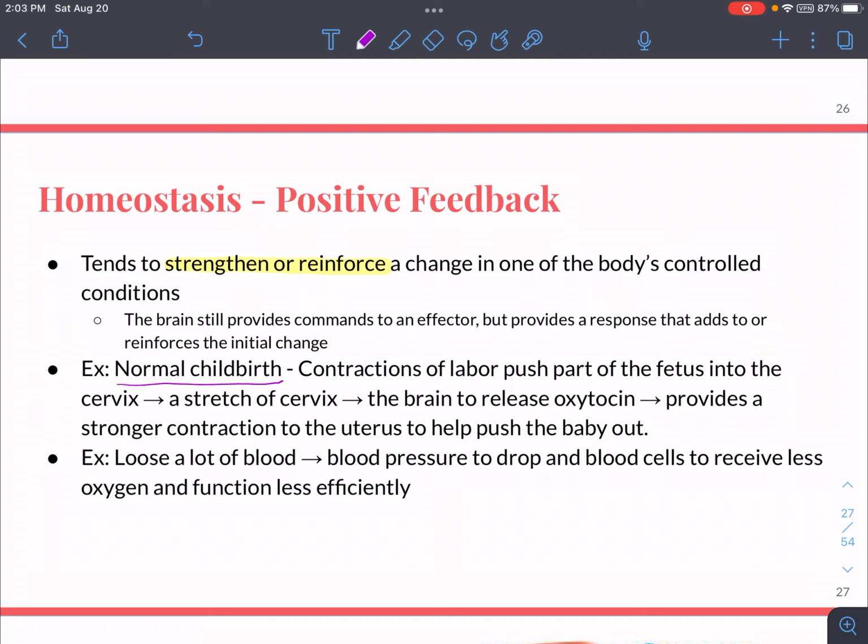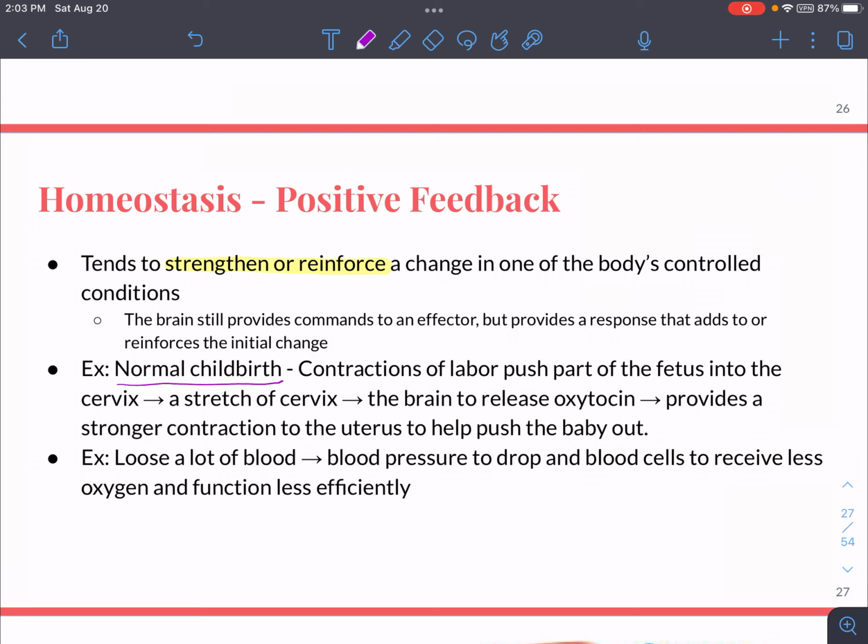Another example is you lose a lot of blood. Your body maintains about 5 liters of blood on average. That's just the average between men and women. Men usually have a little bit more. Women sometimes have a little bit less, but it's usually right around 5 liters of blood.